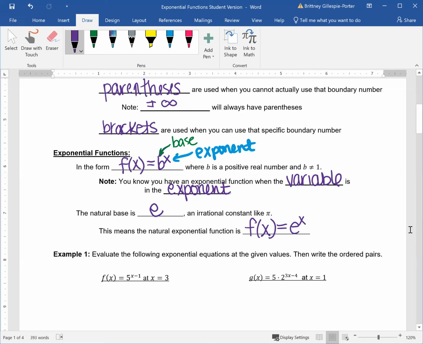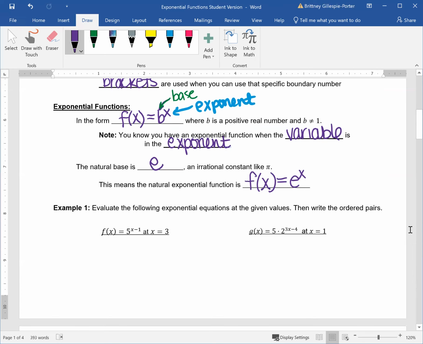Looking at some examples, it says evaluate the following exponential equations at the given values, then write the ordered pairs. So what they are saying is that we have an exponential because our variable's in the exponent. And they want us to plug this value in whenever we see an x.